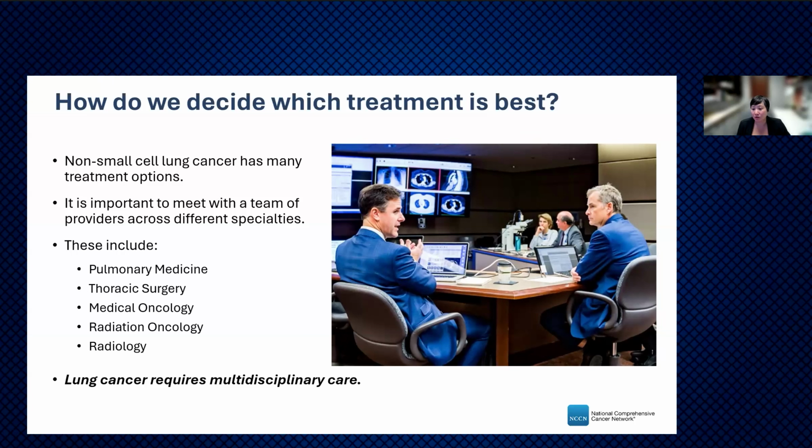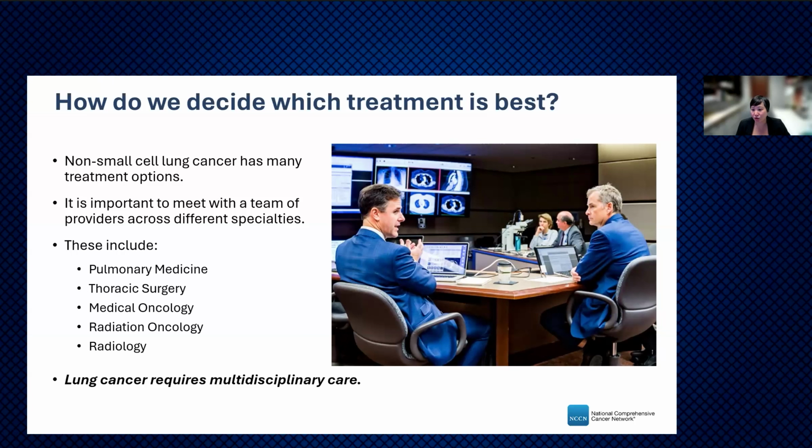Medical oncology, which are doctors who specialize in giving drugs for cancer. Radiation oncology, which is an oncologist who specializes in using radiation to target tumors, and radiology, and they're the people who read the scans, but also do procedures such as the percutaneous biopsy we talked about, where we put needles into things to get a sample of the tumor from the outside.